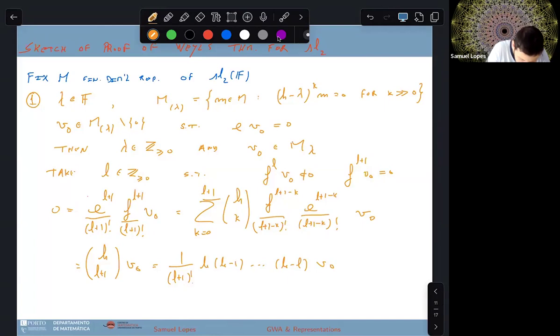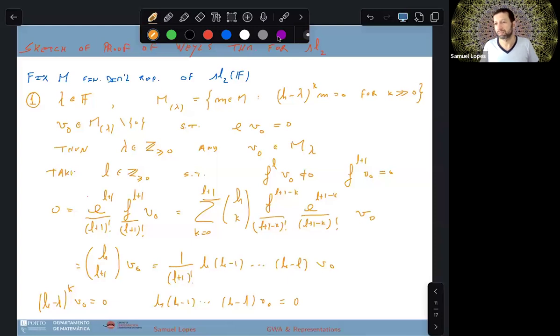So on the one hand, I know that H minus lambda to some K kills V0, but at the same time, I know that H times H minus 1 up to H minus L applied to V0 is also 0.